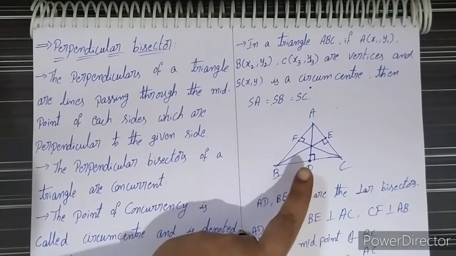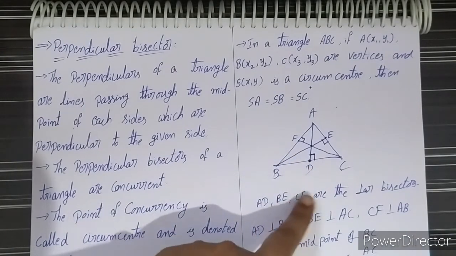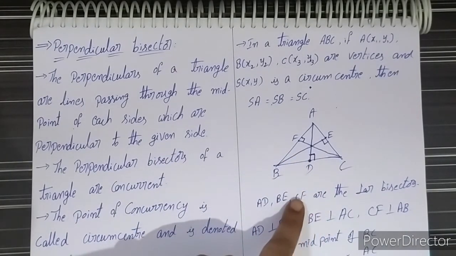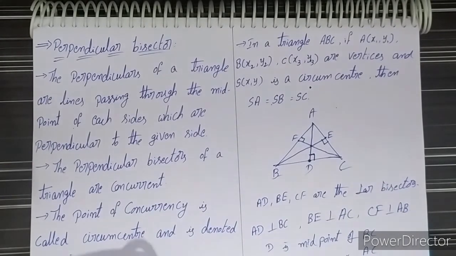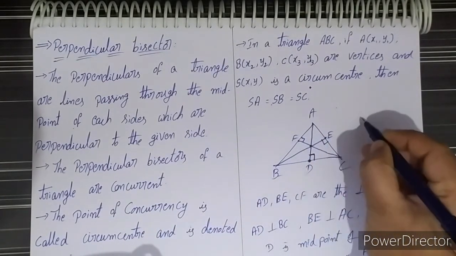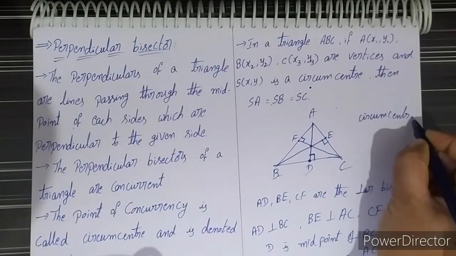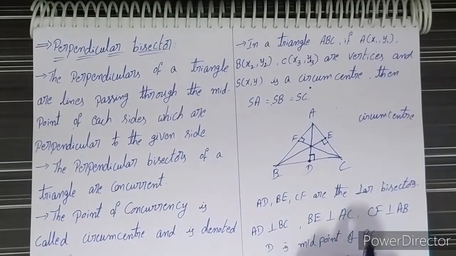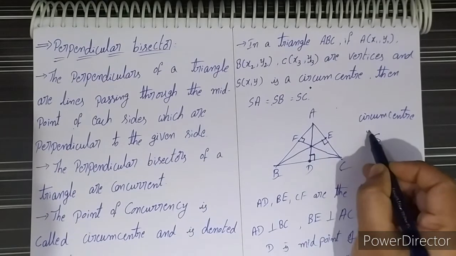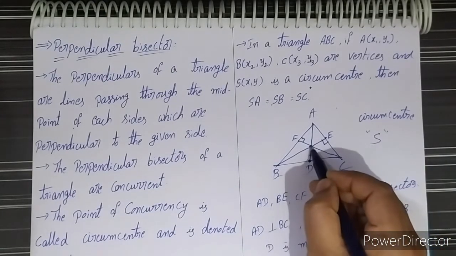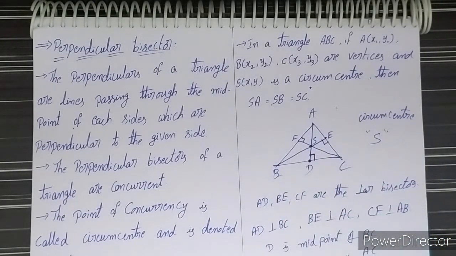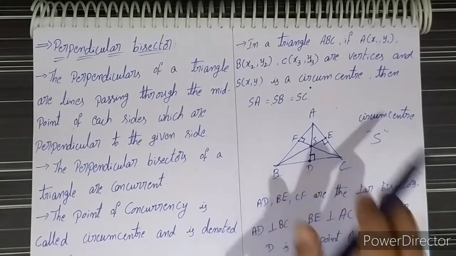Then these three AD, BE, CF are concurrent to each other. Then that point of concurrency is called circumcenter. Then that circumcenter is denoted by the letter capital S.